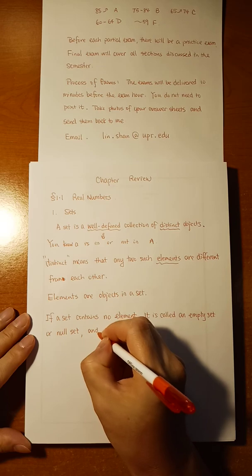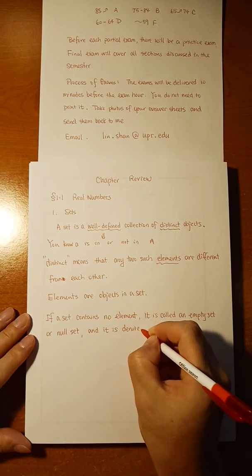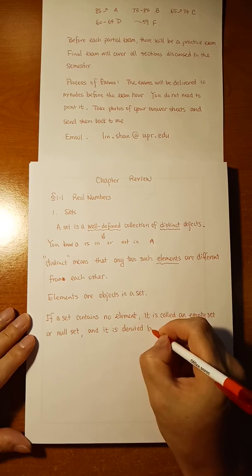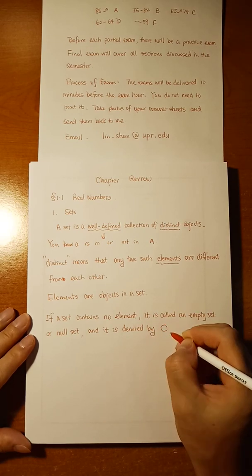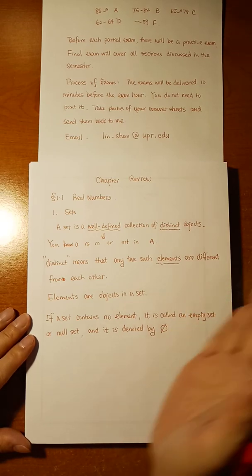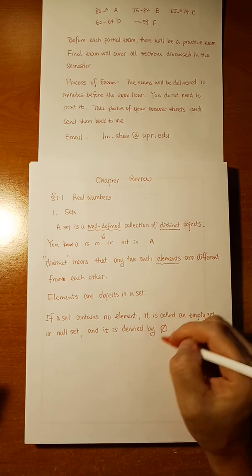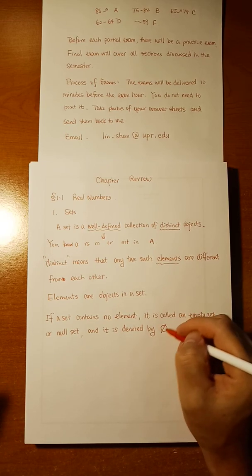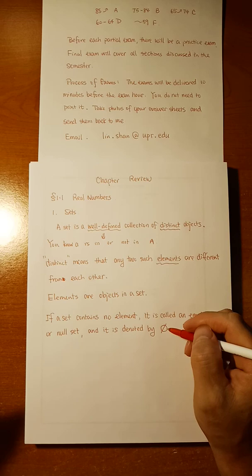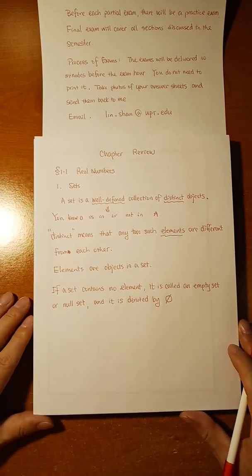And it is denoted by this symbol. You draw a circle and cross it, in this direction. We always cross it in this direction. Okay? So when you see the circle with this segment, it means it's an empty set. It does not contain any element. All right?